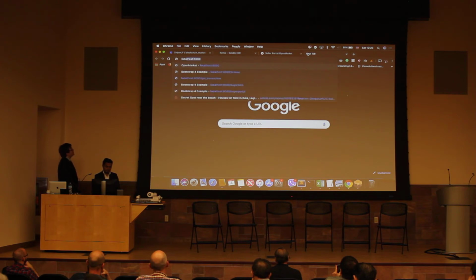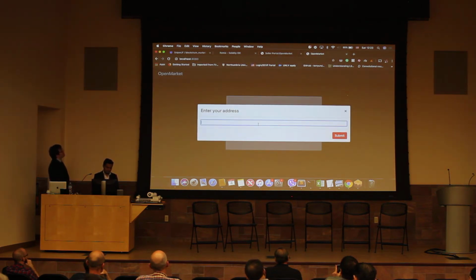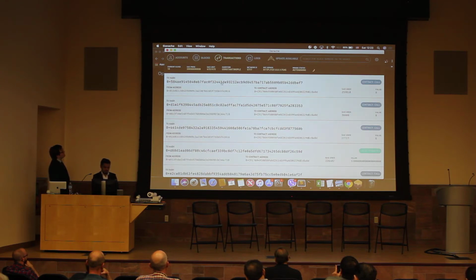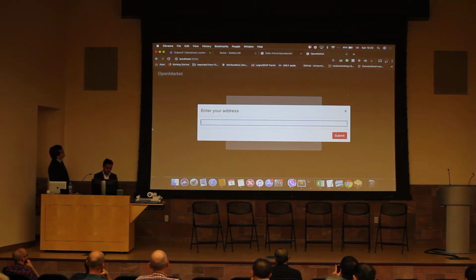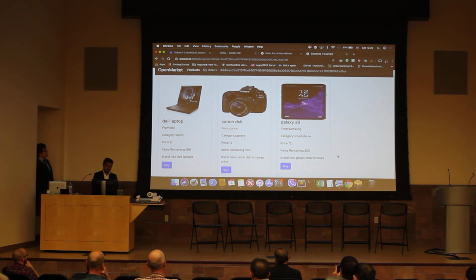Now if a buyer wants to browse all those listings, you can log in with another Ethereum address. So you can see the transactions in the MetaMask itself. So these are all the products so far uploaded to our system. Let's say the user wants to buy Galaxy S9.